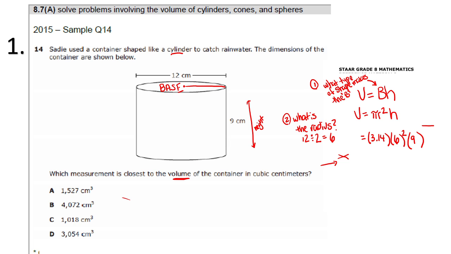Now, on your STAAR test this year, you are given a calculator. So let's make full use of this calculator. You can type in all of this all at once, but you see how I use parentheses for each number that we're plugging in? Let's type that in our calculator using parentheses for each number. So here's what I need you to do. Turn your calculator on, type in parentheses 3.14, close parentheses, another parentheses side by side.